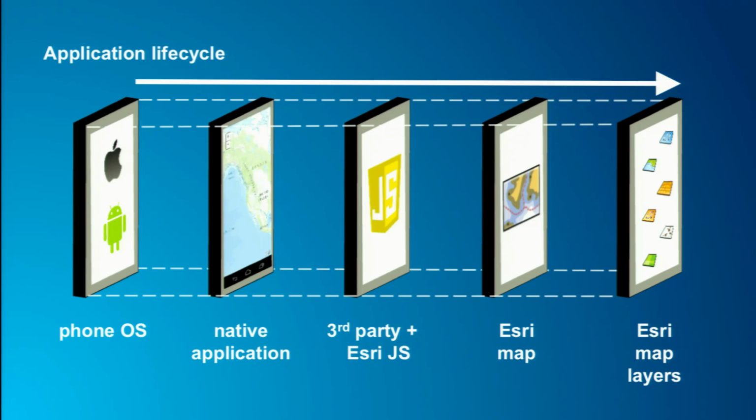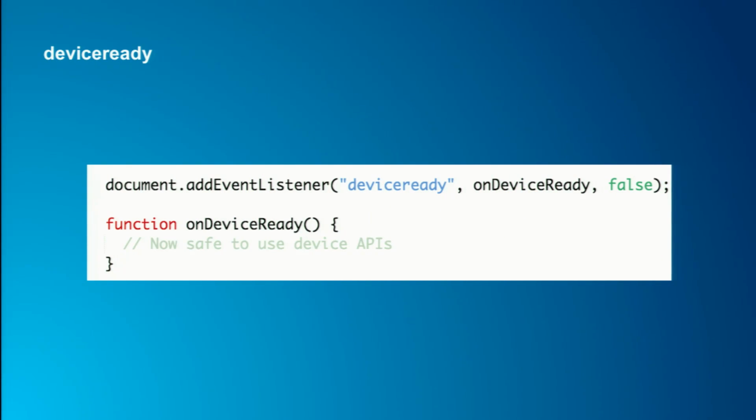Then the map loads, and once the map loads, the layer loads. There are all these different points in the life cycle of your application where something could potentially go wrong, and you'll need to know how to debug and understand that.